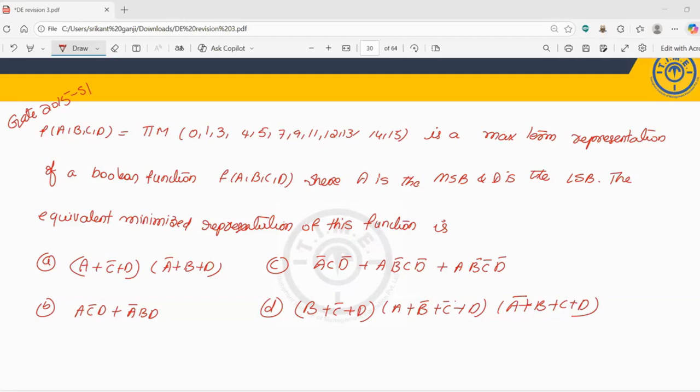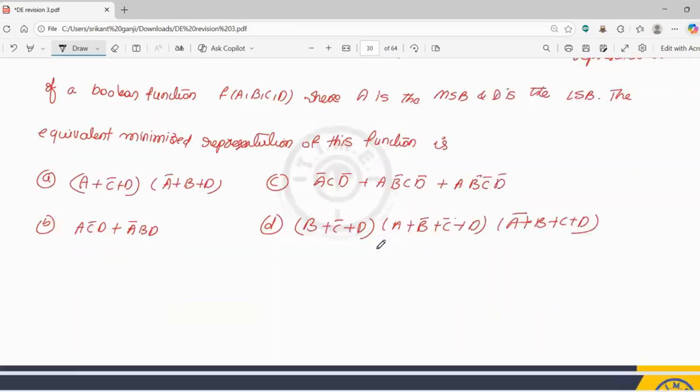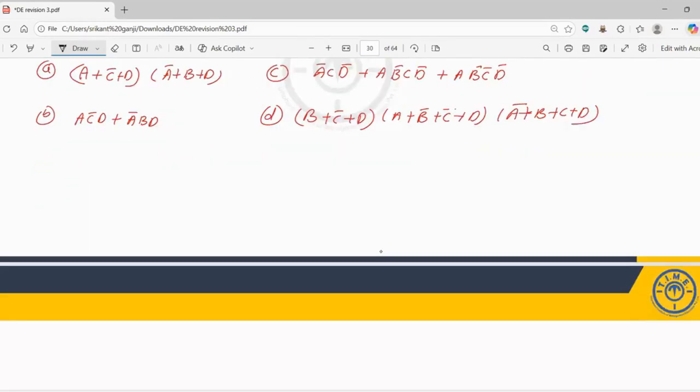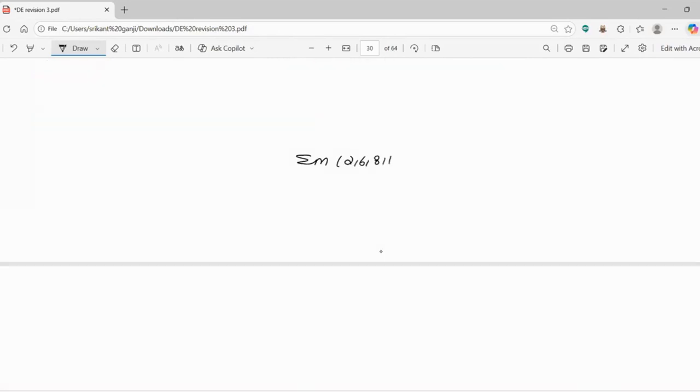So this is in max terms, sigma m of 2, 6, 8, 10. So write the K map for this one. Sigma m 2, 6, 8, 10.